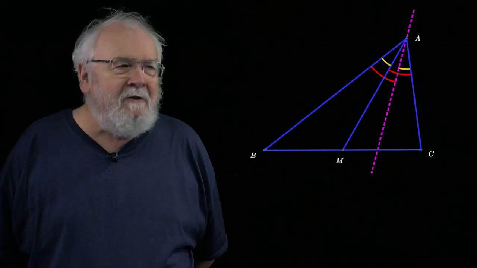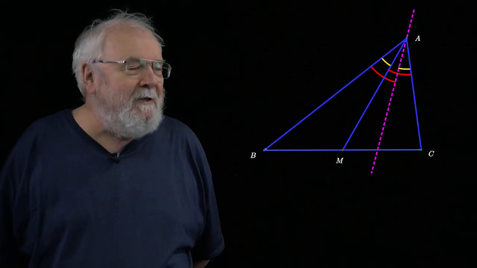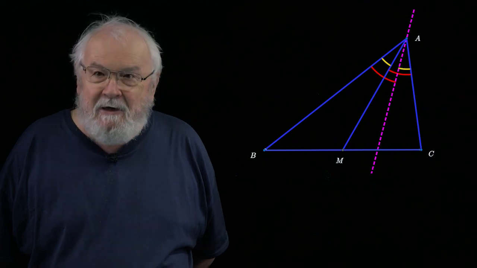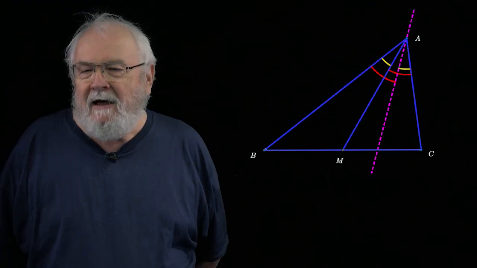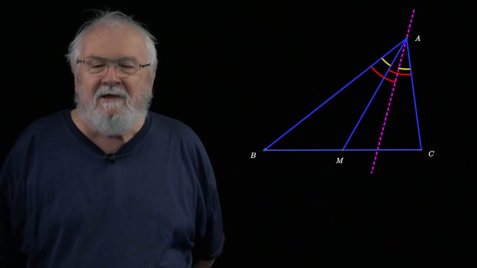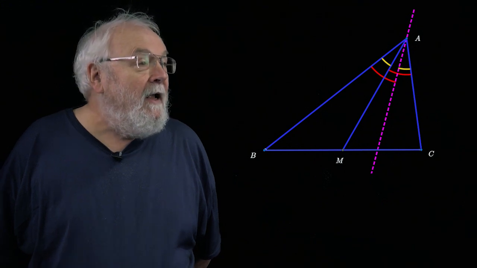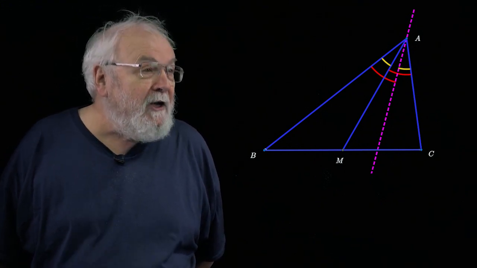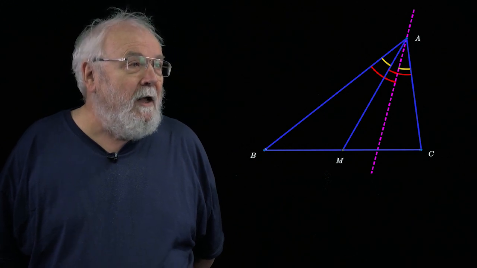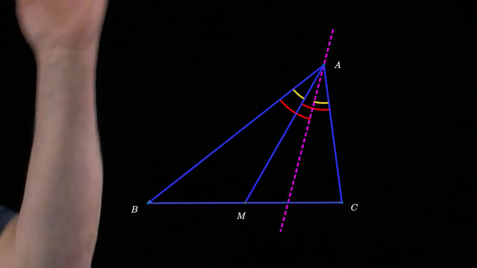And the interesting thing about the relationship between the median line and the symmedian line is that those angles are swapped. So in a sense, the symmedian line is symmetric with the median line. Another way of saying it is that the symmedian line is the reflection of the median line in the angle bisector through A.